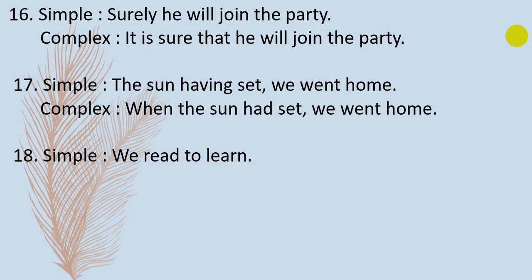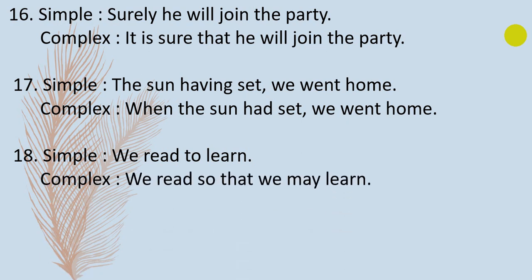The infinitive will be expanded into a clause, that is subject plus may plus V1. Here linker so that will be used since the sentence refers to the purpose of the action. Now the complex sentence will be: we read so that we may learn.